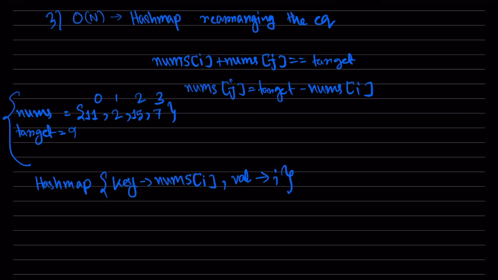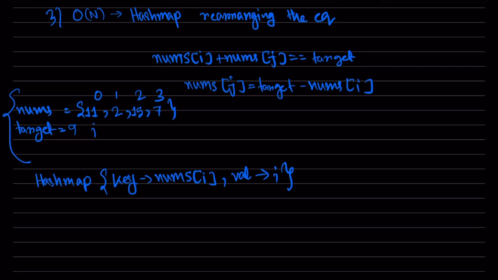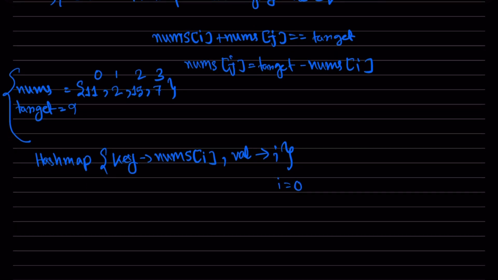So let's start off with i at index 0. When i is 0, I try to find if nums[j] exists in my hash set or not.